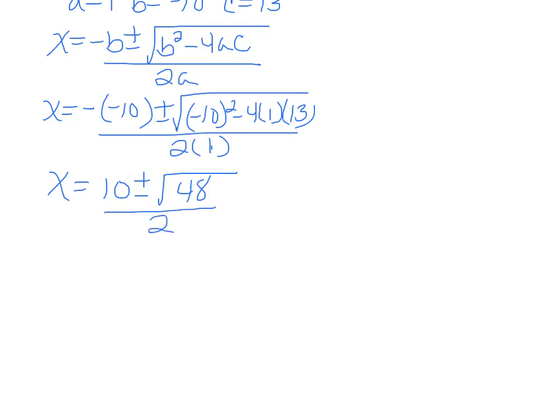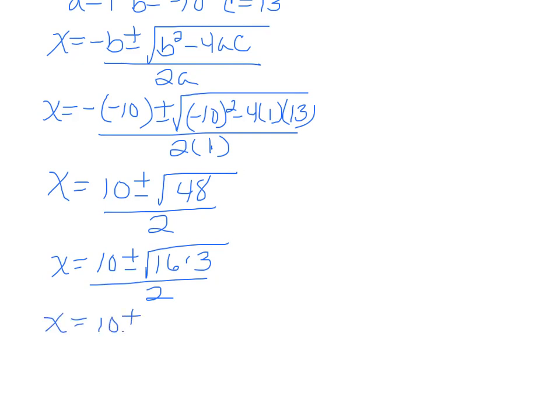So now we have to simplify it. X equals 10 plus or minus, what's the biggest perfect square that'll go into 48? You're correct, 16 times 3 over 2. So let's see here. X equals 10 plus or minus, the square root of 16 is 4, radical 3 over 2. Can it be simplified even more?